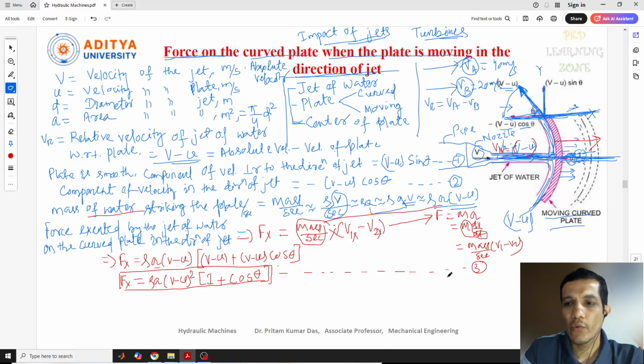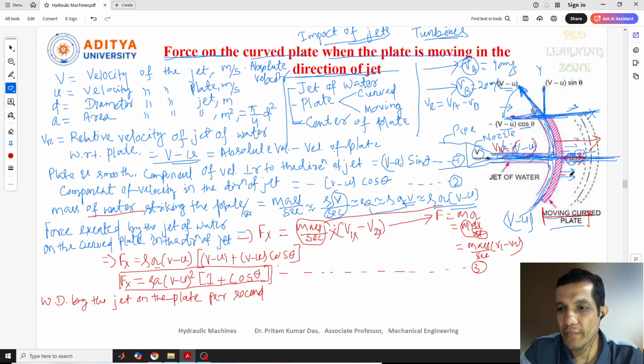We can see the plate is moving with the impact of this jet over some distance, which means some work is done on the plate. So next we can calculate one more term: the work done by the jet on the plate per second. I am considering per second because it makes it easy to identify, since the plate velocity is given.